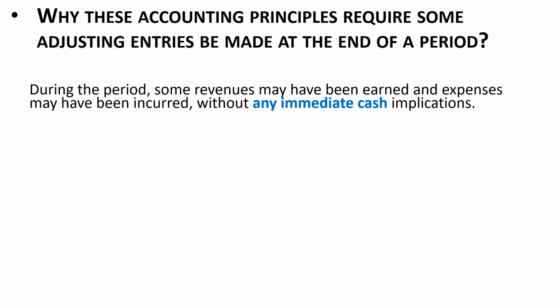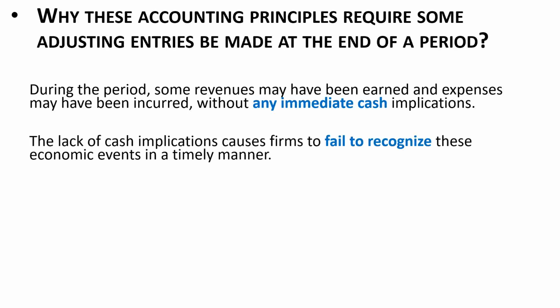Same is the case with the firm. But sometimes you ship something, you get an acknowledgement from the person who is buying from you, and so now you have earned the revenues, but no cash changes hands, so we may tend to not report that transaction. The lack of cash implication causes firms to fail to recognize these economic events in a timely manner.